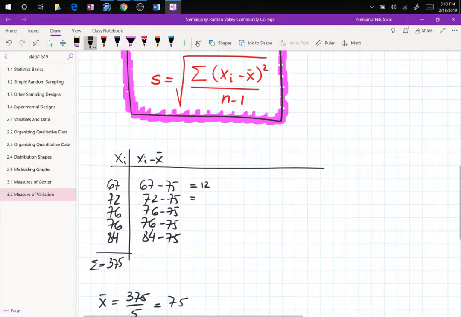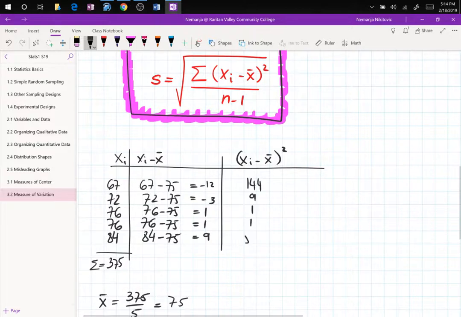So the numbers are negative 8, negative 3, positive 1, positive 1, and 9. We are only interested, obviously, in those results. And this is our xi minus x bar squared. So we are now squaring these to get 64, 9, 1, 1, and 81. All I did is square all of the values.